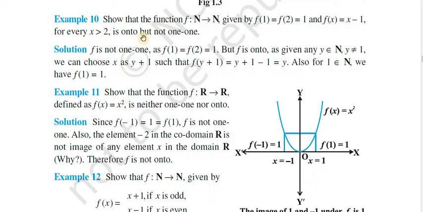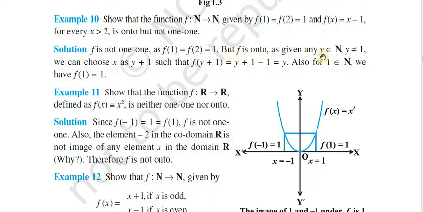So it is onto but not 1-1. We have to show that this is not 1-1. You can just say f(1) and f(2) are the same, therefore this is not 1-1, because 1 and 2 are both going to 1.